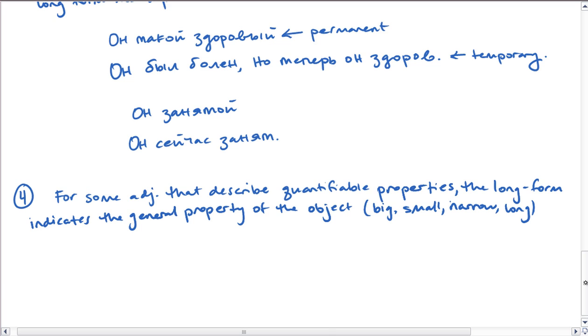Just describing a dress, for example. It could be a big dress or a small dress, just compared to all the other dresses. That's its general property.